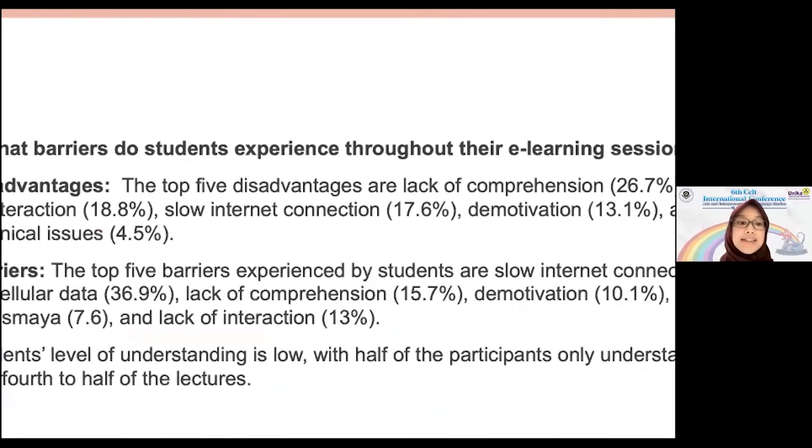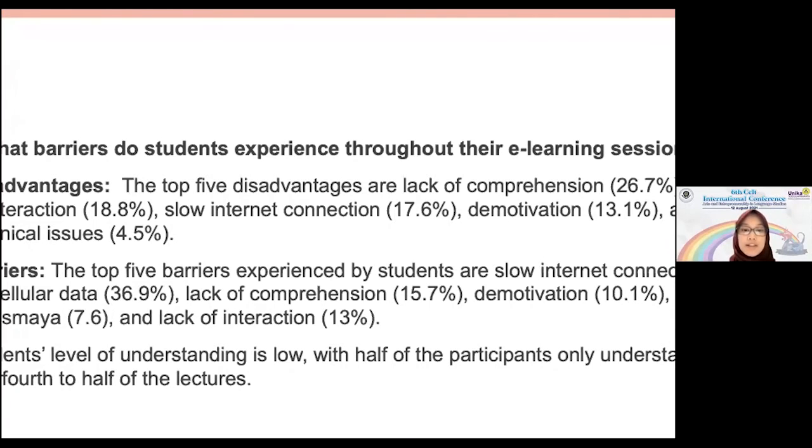Now for findings, our first problem formulation is what barriers do students experience throughout their e-learning session? We found out that the top 5 disadvantages are lack of comprehension, lack of interaction, slow internet connection, demotivation, and technical issues.